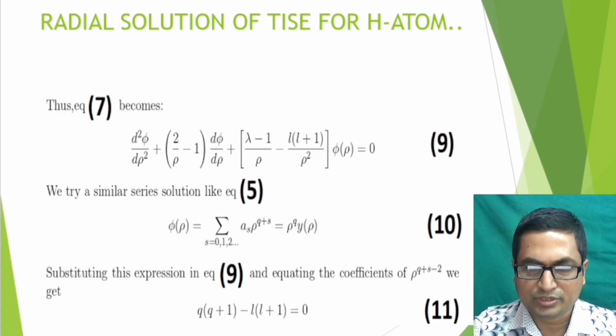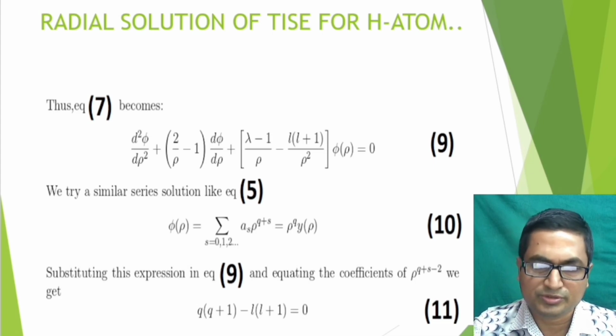While differentiating this, we have to differentiate two quantities, but for the time being we differentiate only this part, neglecting this part here in equation 10. So the first differentiation gives q plus s into rho to the power q plus s minus 1. The second differentiation gives us q plus s into q plus s minus 1 into rho to the power q plus s minus 2.